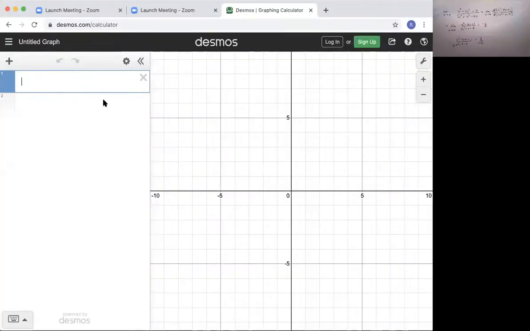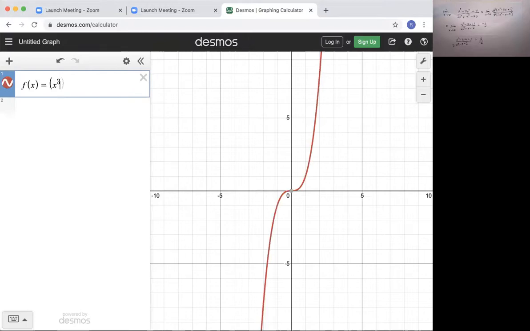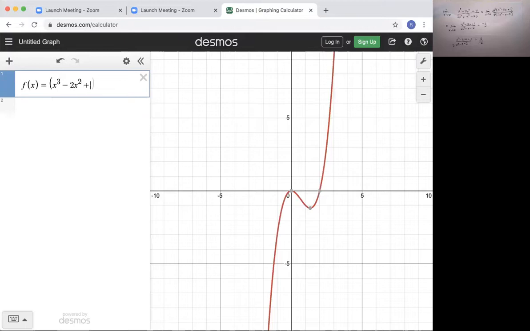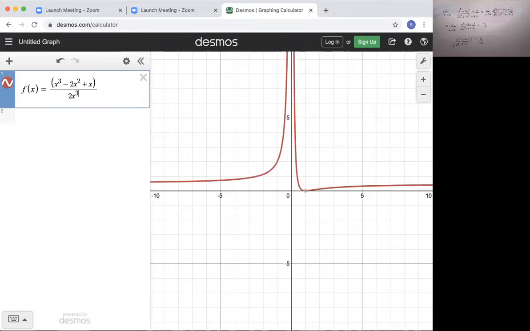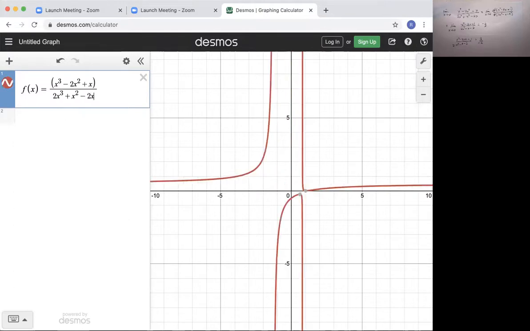Going to Desmos this time, so f of x equals, upstairs in parentheses, x cubed minus 2x squared plus x, divided by downstairs 2x cubed plus x squared minus 2x.